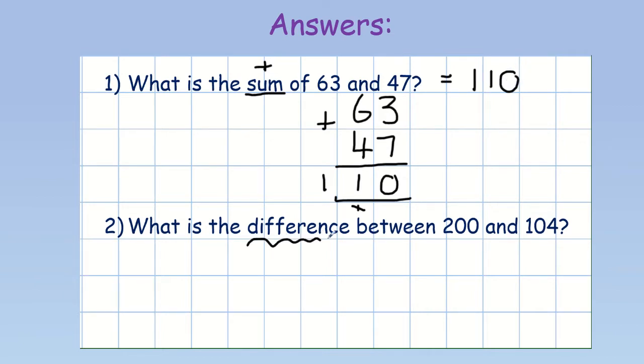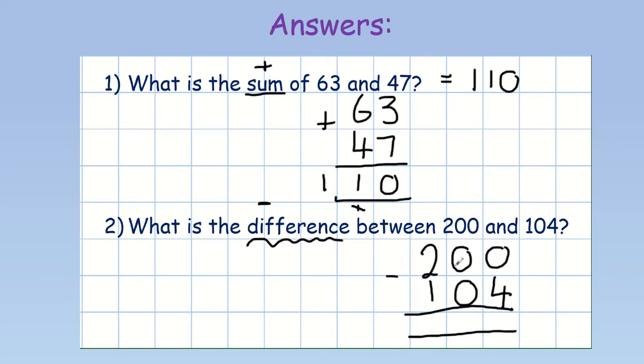What is the difference for question 2? Now the difference is asking us to subtract. So what is the difference between 200 and 104? Is asking you to do 200 subtract 104. Now, there are different ways you could work this out mentally, but we'll practice the written method, carrying across, which I know you've all got really good at.